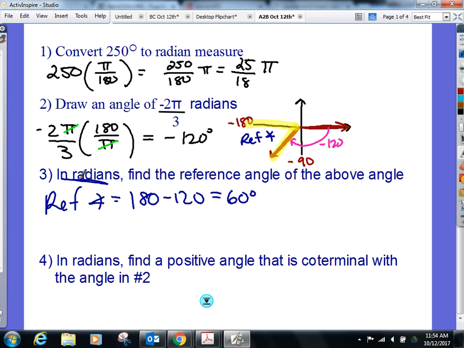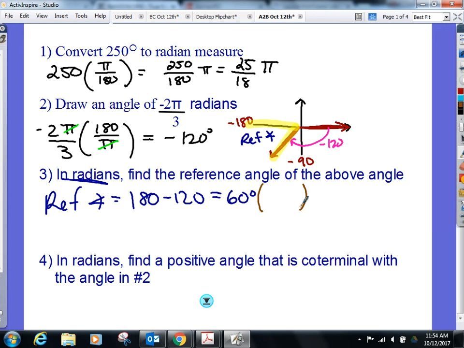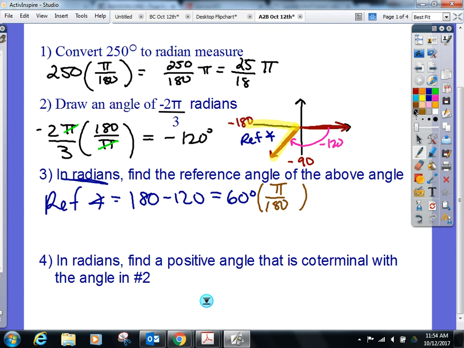Let's convert it. Go to your chart. Here or not yesterday, go to your chart. Degrees to radians. What's the multiplying conversion? Pi over 180. Say it again. Leave the pi out of your calculator.